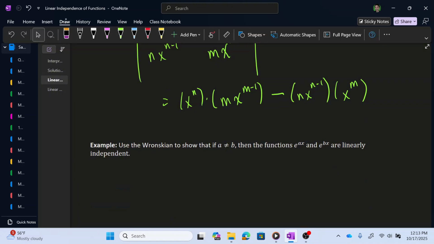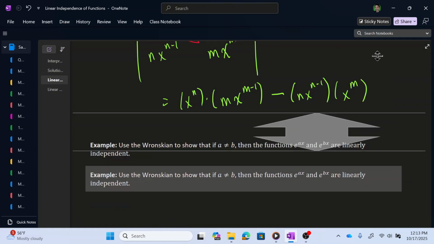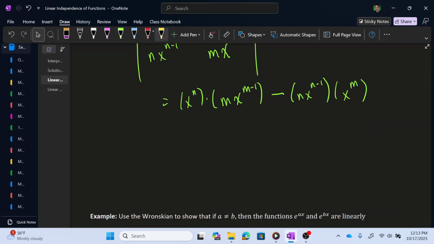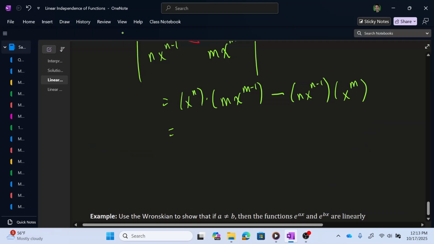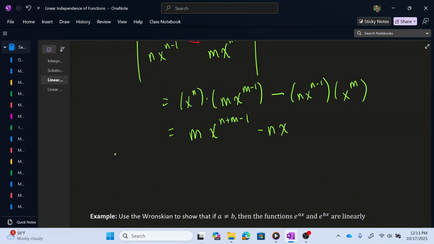Now, using the exponent properties, if I simplify that, I get m x to the power n plus m minus 1, combining those two exponents on x. And in the back, I have n x to the m plus n minus 1.